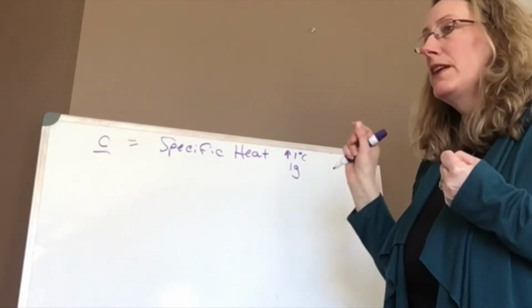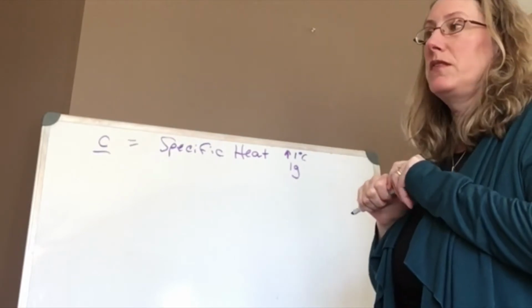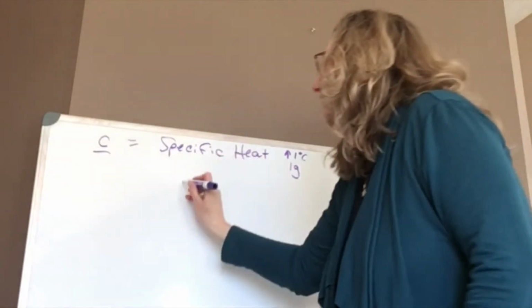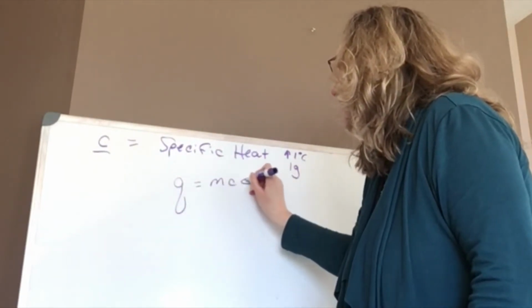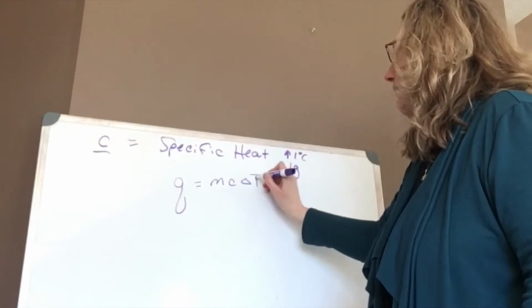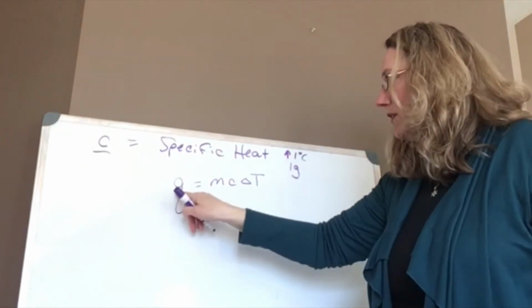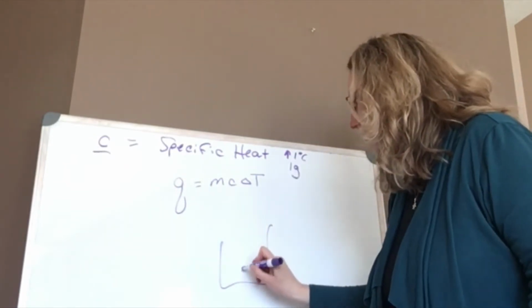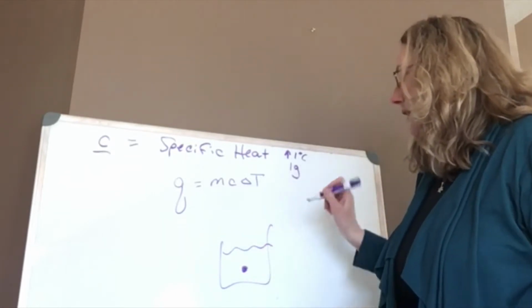So we can also measure the change in temperature. The way we're going to figure out the specific heat is by a formula that is Q equals mc delta T. Okay, what does that mean? Well, Q is going to be the heat, so we're going to have a little pot, we have boiling water in there, we put our little metal in there.